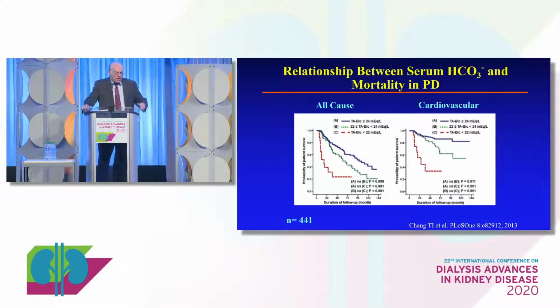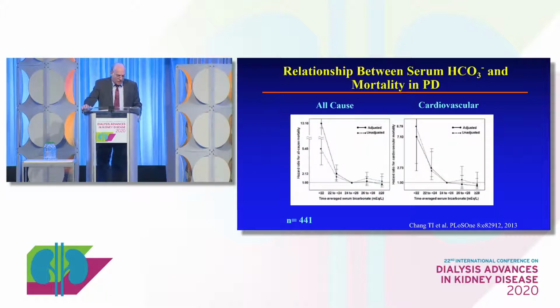You can see that in the blue line, you have patients with a time average bicarb of 24 or above. Then beneath it, those with a bicarb in the intermediate range of 22 to 24, and patients who fail to achieve a serum bicarb of at least 22 in the bottom line. And you can see clearly that whether we're looking at all-cause mortality or cardiovascular mortality, there is a difference.